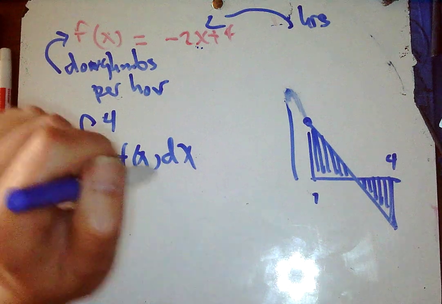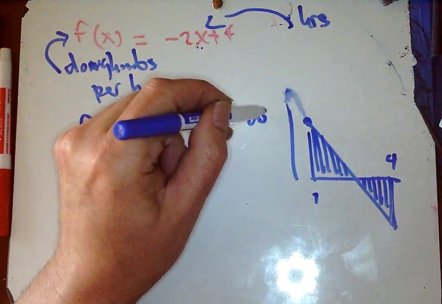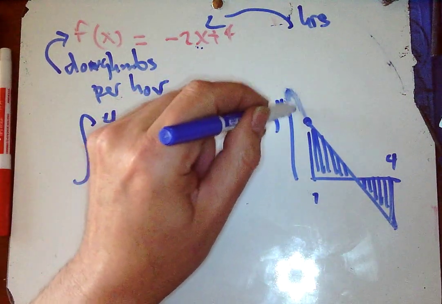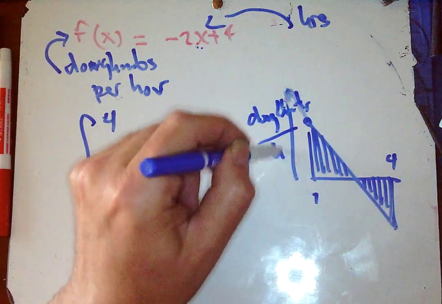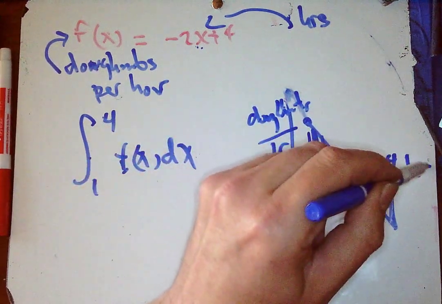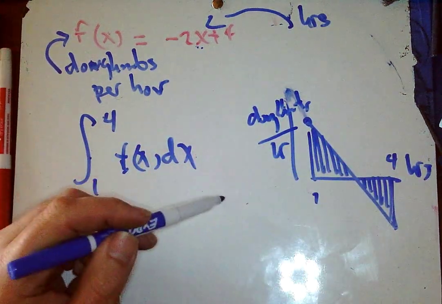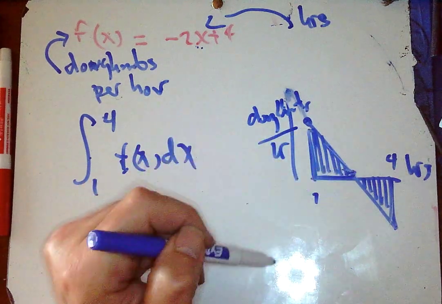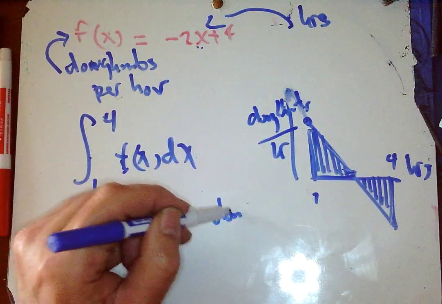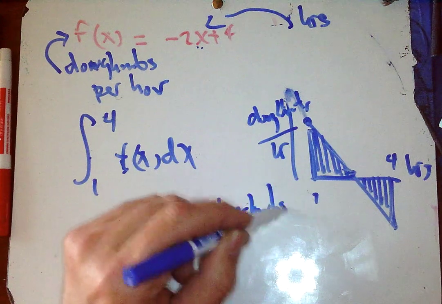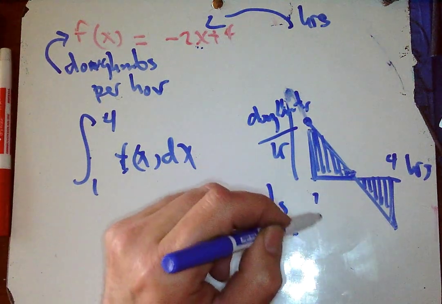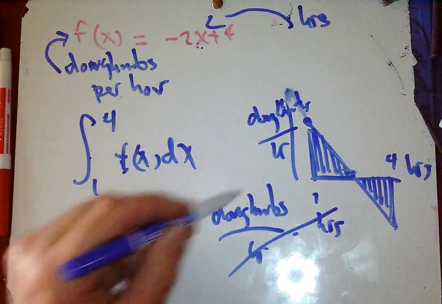Well, I'm taking donuts per hour, and over here we have hours, and when I multiply them to find that area, donuts per hour times hours, I get donuts.